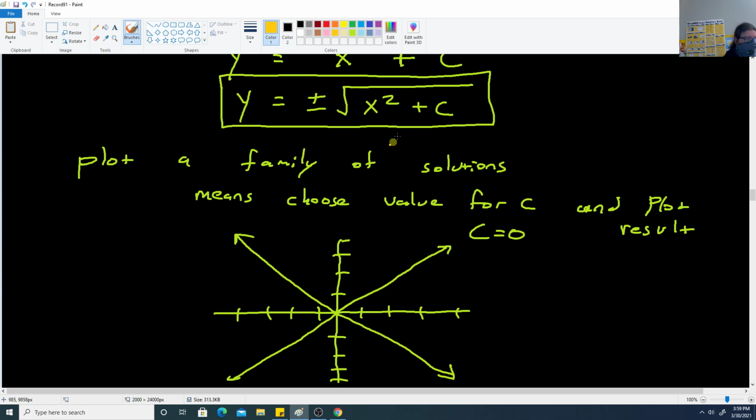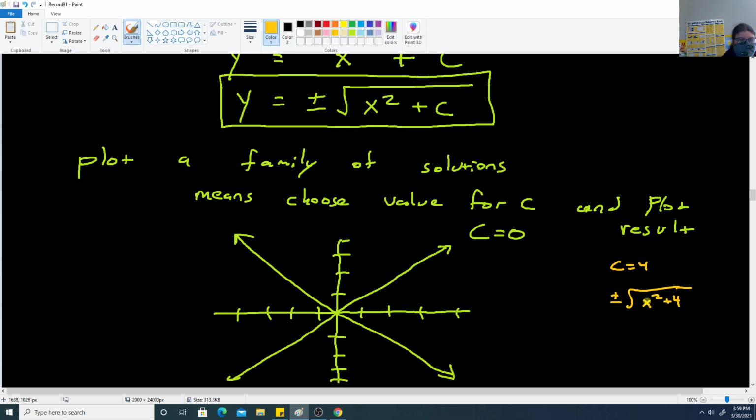If C is 1, then we get the square root of x squared plus 1. Let's make this easier to calculate. Let's say C is 4. So if C is 4, we get plus or minus the square root of x squared plus 4.